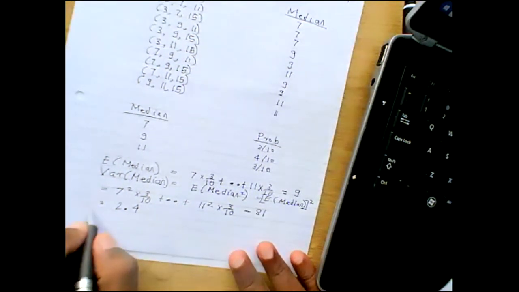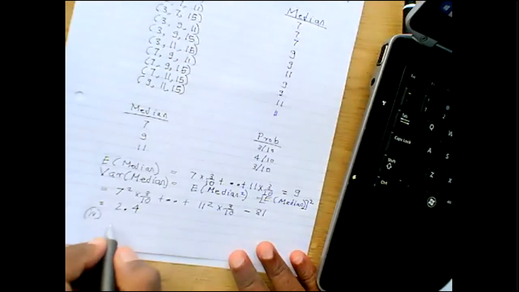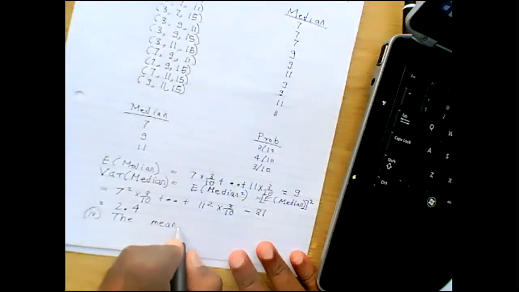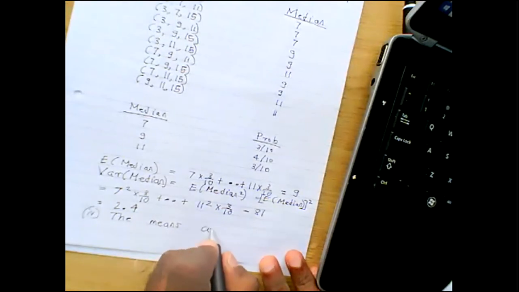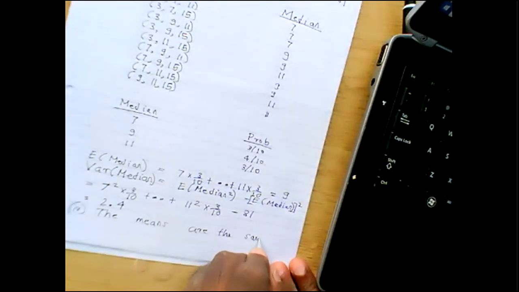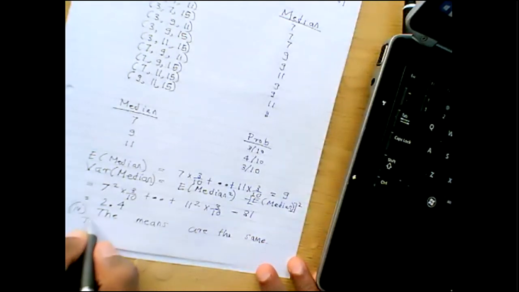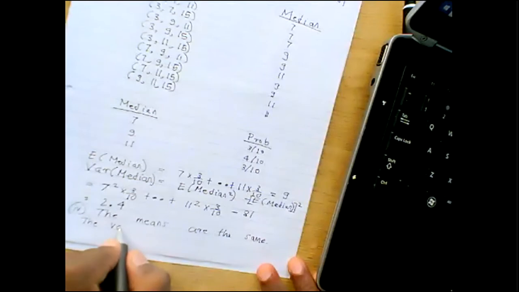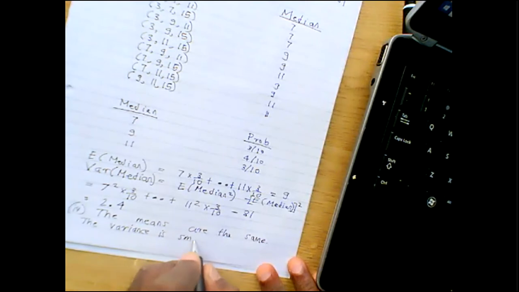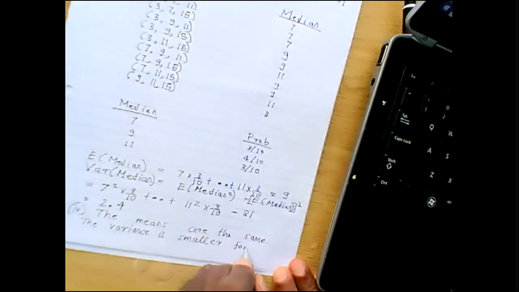So what you can say is the following. This is part 4 of question 5. The means are the same, but the variance is smaller for the sample median.